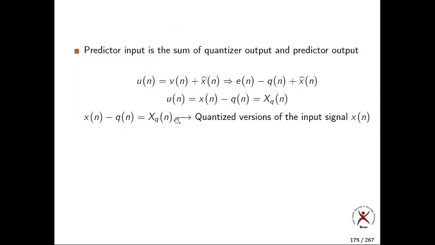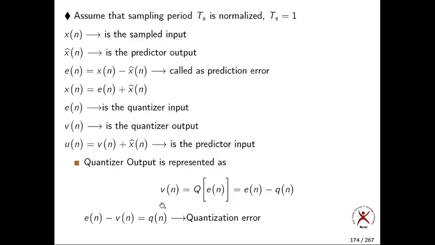That's why what I have written here is output of the quantizer equal to Q of input of the quantizer. But we can also write that it is the same as input minus the quantization error. So the output of the quantizer is nothing but input to the quantizer minus the quantization error.